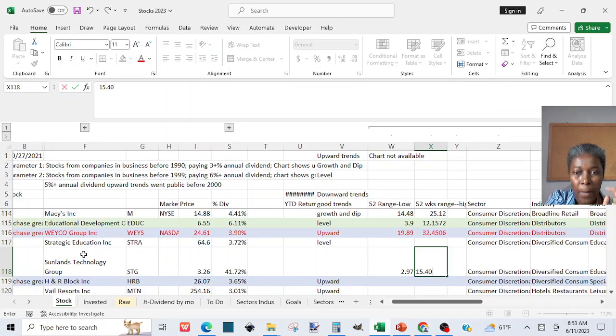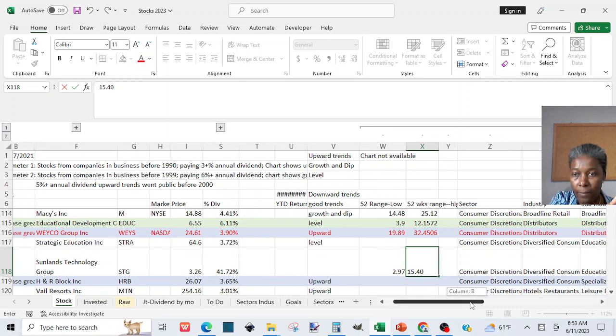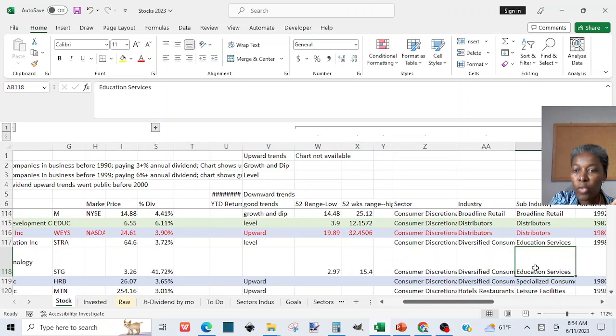By now, whatever stocks you found based on this research, you have the company, the symbol, the market it's selling on, the price, the dividend yield, the 52 weeks low, the 52 weeks high, the sector, the industry, and the sub-industries. But you do not have everything yet. You still have the chart trend and the year it went public. Those are two other filters that we are going to put them through.